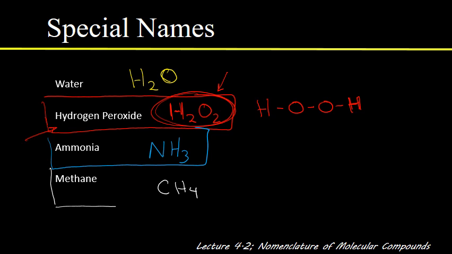Actually, in a little bit, the last group of things we look at are going to be organic molecules, things with carbons in them. And methane is actually a part of that group, right? So we'll talk about the names of all of these alkane compounds, the ones that end with A-N-E. We'll talk about those as a group later on.